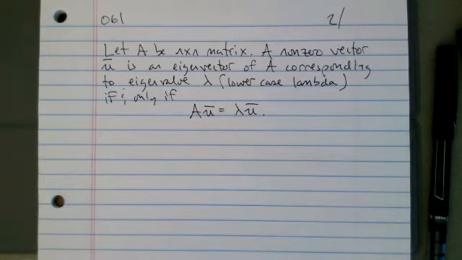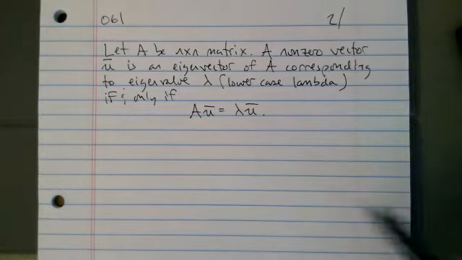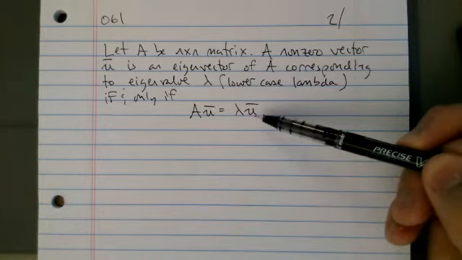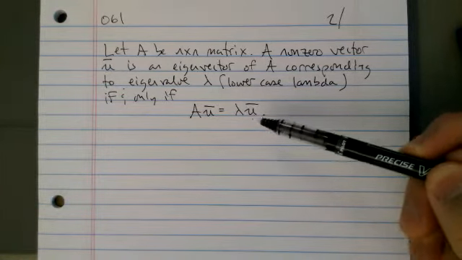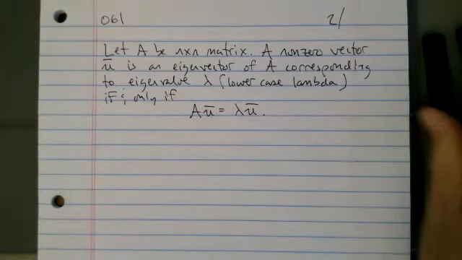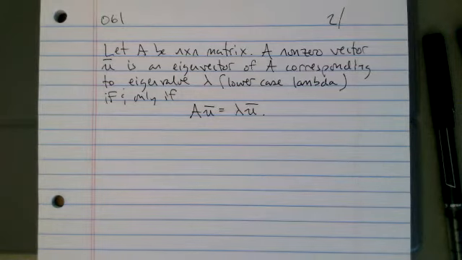Any questions? So A has to be a square matrix, that is correct. So we've got to start with a square matrix. So this equation right here, we're looking for non-zero vectors U that have this property, A times U is equal to lambda times U. And so this is going to tell us how to find eigenvalues and therefore eigenvectors.